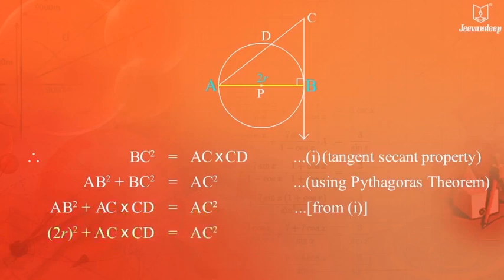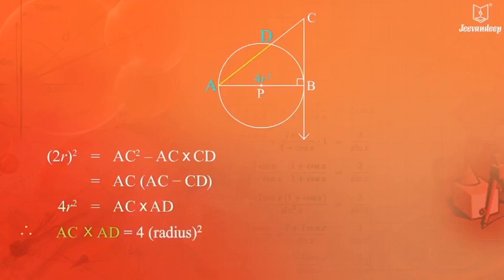By rearranging the equation, we get 2R square equals AC square minus AC multiplied by CD, or equals AC multiplied by AC minus CD, or 4R square equals AC multiplied by AD, thus proved. Therefore, AC into AD is equal to 4 times radius square.